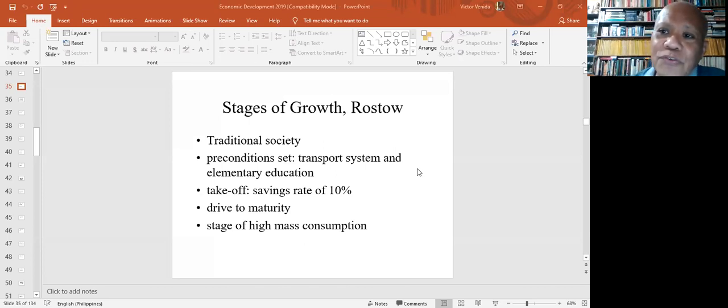So the idea of generation of savings, the identification of its source, and how this savings can be expanded over time and utilized for further investment, therefore plays a very central role in nearly all theories of economic development.